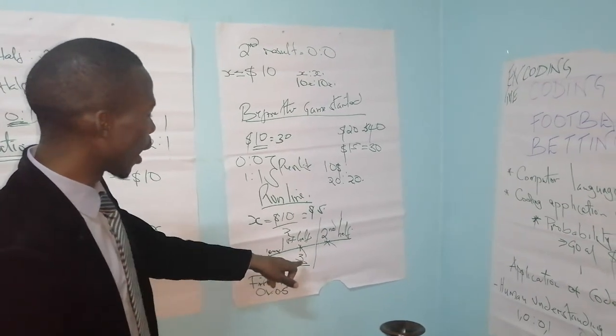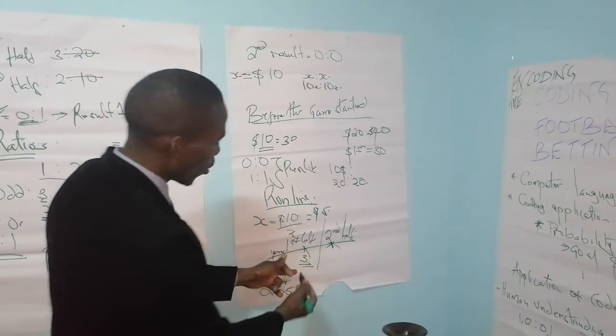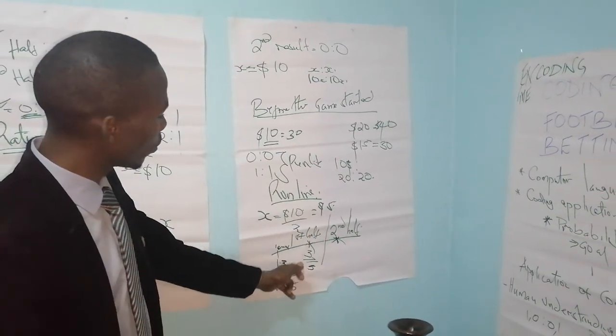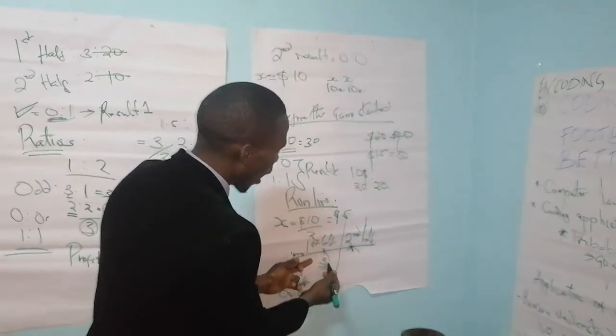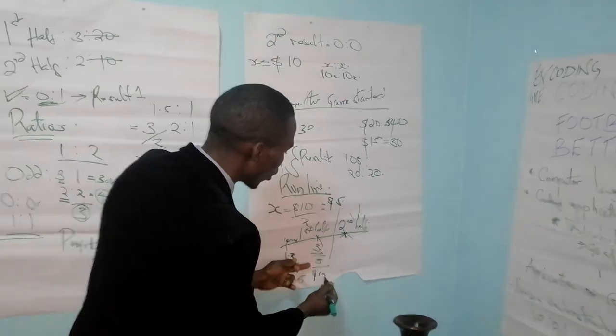Let it be a 3 and make a decision, because with $5 on first half, a goal to be scored at odd 3 will get $15.